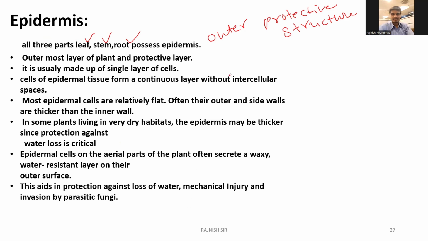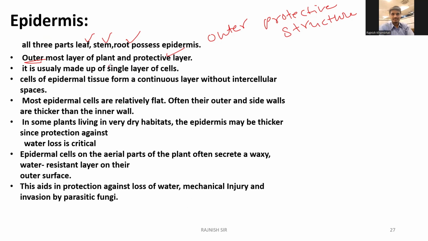Just like we have skin on the whole body, similarly, this can be called the skin of a plant. It is the outermost layer. Because of that, it can do protection, and it is a protective layer.